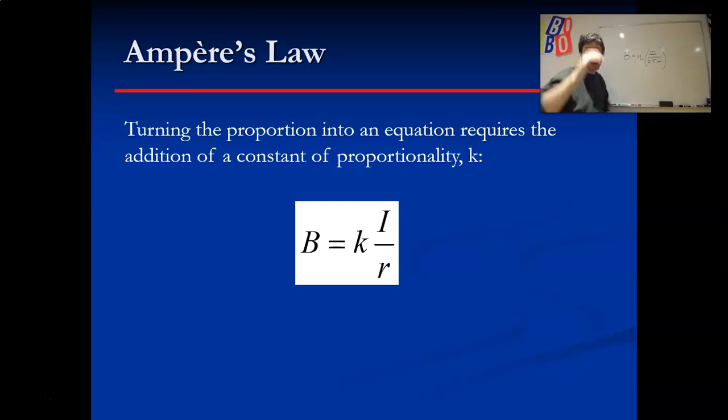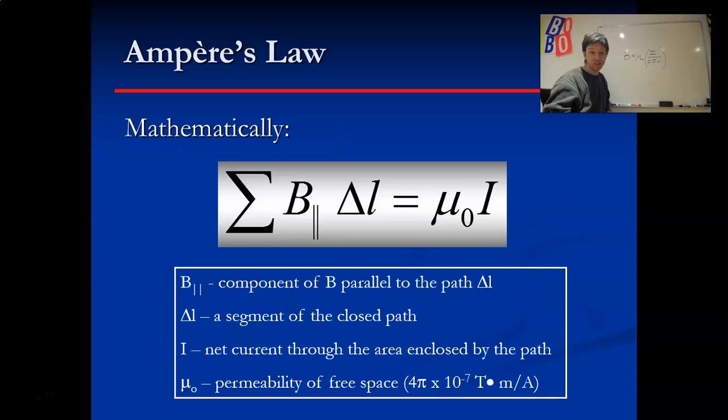Now, I'm not going to ask you to start from this equation. I'll never ask you to apply Ampere's law. What we're doing with it in this lesson is using it to derive two formulas. One, the magnetic field around a straight current carrying conductor.